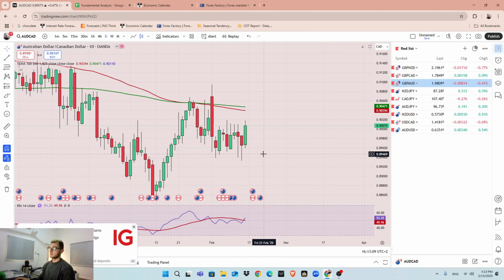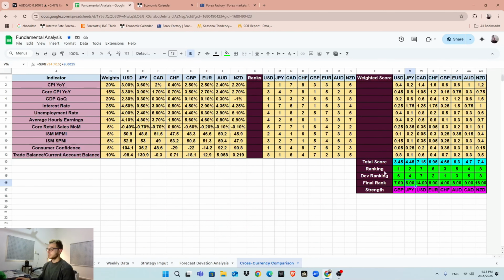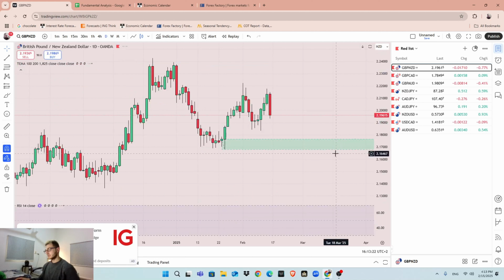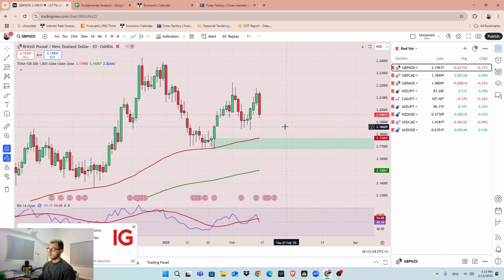So let's jump into some technical analysis after we've created a great fundamental lookout for the next week. Starting with the pound pairs, because the pound recently got the sentiment aligning with their fundamentals, I'm looking to buy the pound New Zealand dollar.